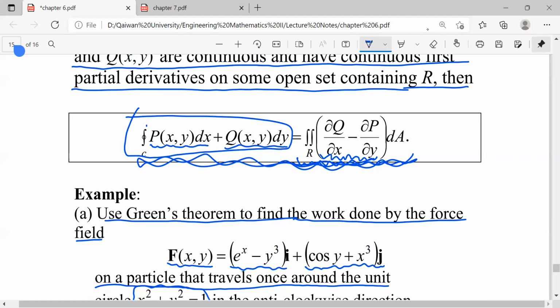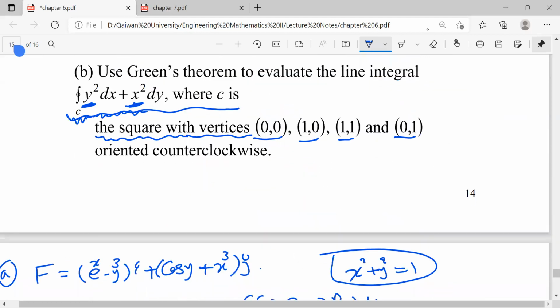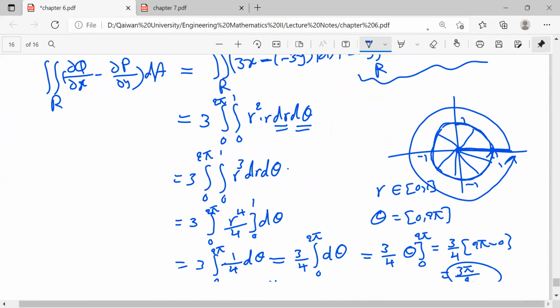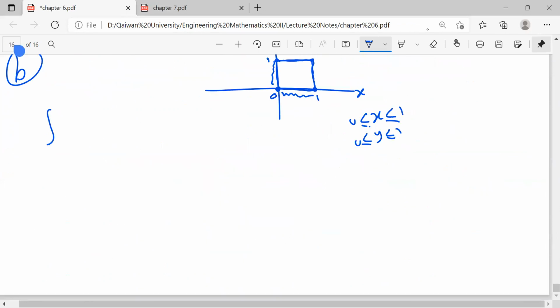The one with dx is p, and the one with dy is q. That means p is y squared and q is x squared. We say the integration over the closed curve C for y squared dx plus x squared dy.